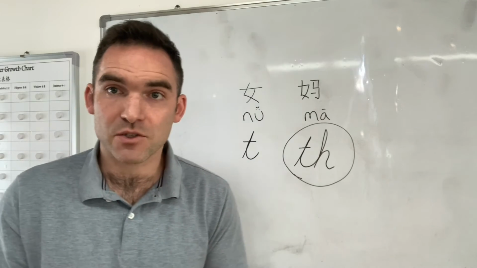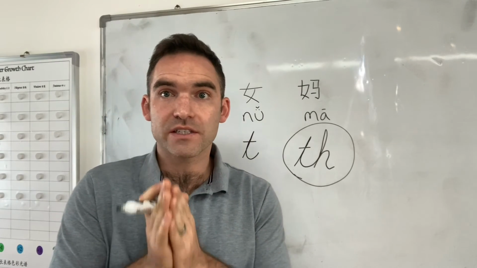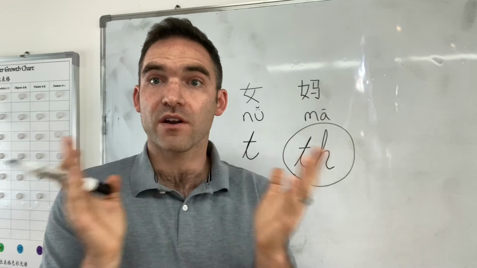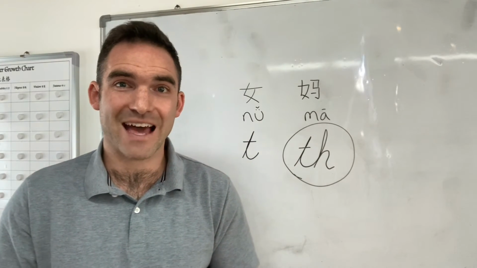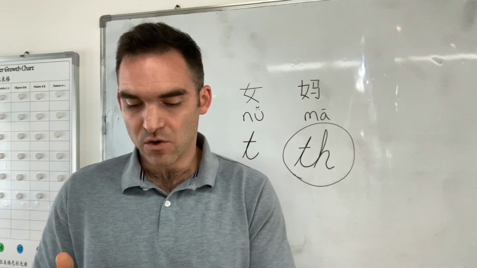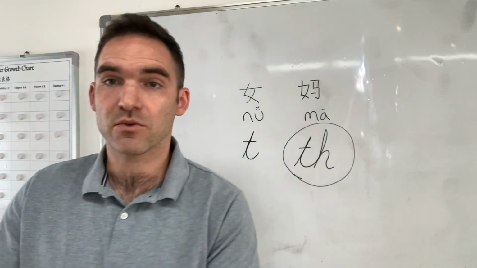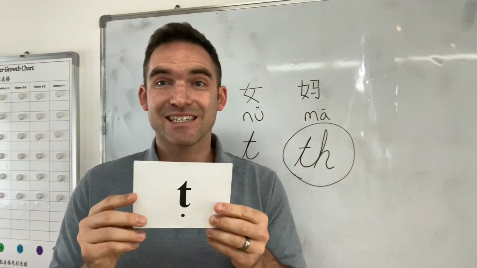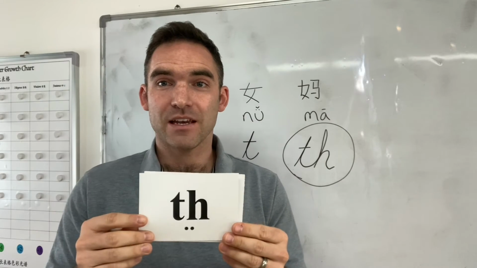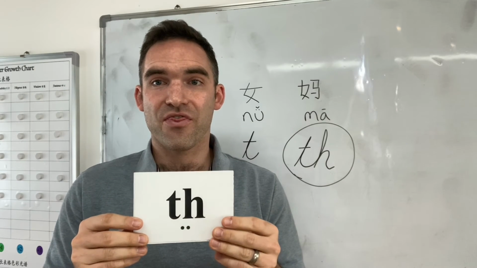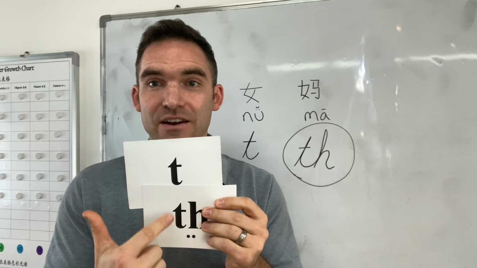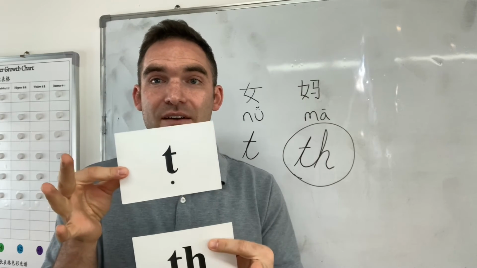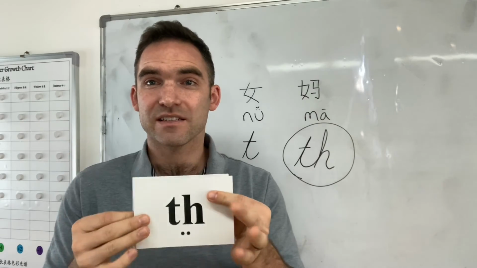Now, sometimes graphemes can be hard to tell whether they should be put together or not, and that has to do with syllabication, and we'll talk about that in a later module. But in this module, I mostly wanted to focus on the symbols. So here we have t, and here we have z. And just because this letter and this letter are the same does not mean that the grapheme should be thought of as the same thing.